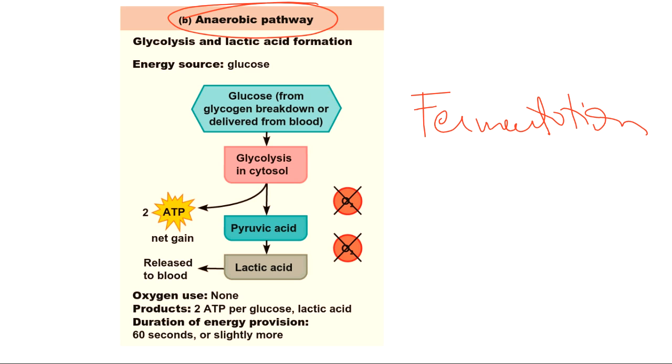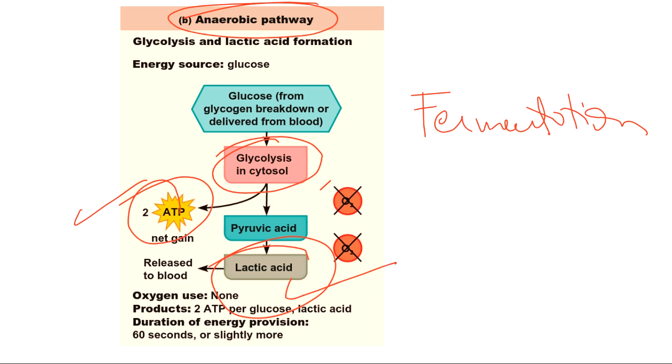And actually fermentation allows us to make ATP from glycolysis. Fermentation is what keeps glycolysis going in the absence of oxygen. Problem is, we're only making 2 ATPs per glucose molecule. We're accumulating lactic acids. So that means that we're accumulating waste, making very little energy. We're not going to be able to do this for very long.